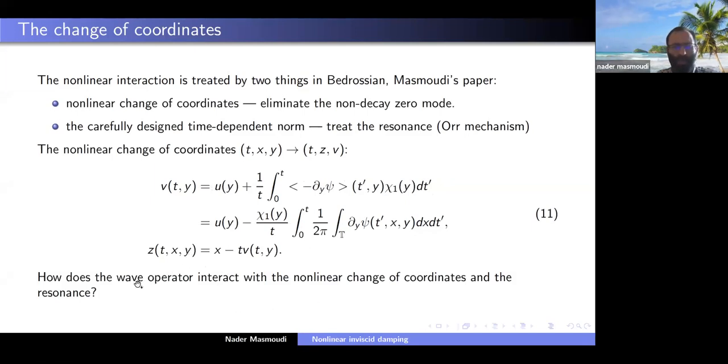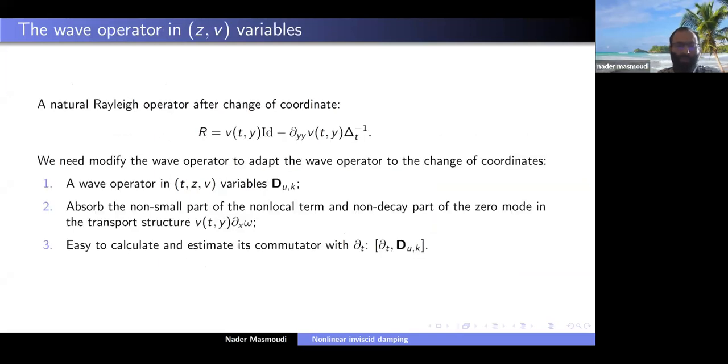Now, how does this wave operator interact with this change of coordinate? It's not clear that the two things will interact well. So we actually had to reconstruct the wave operator, but that Rayleigh operator I have to write in the v variable.